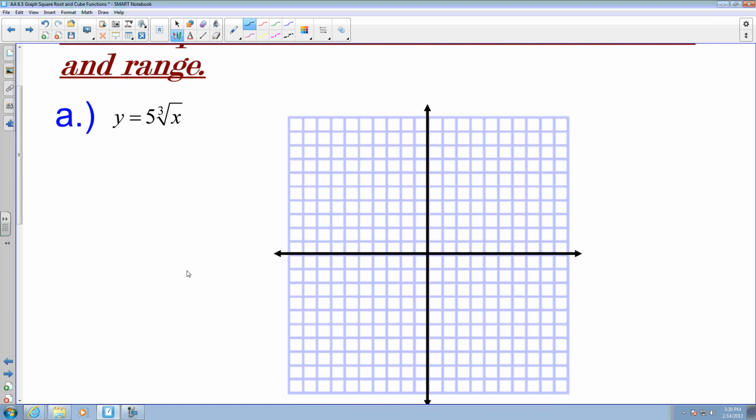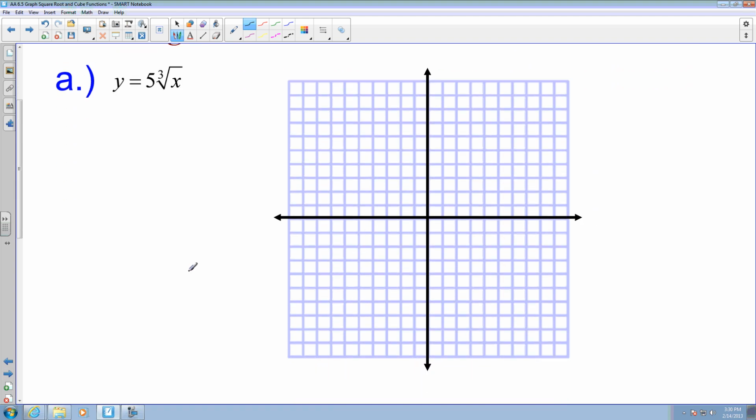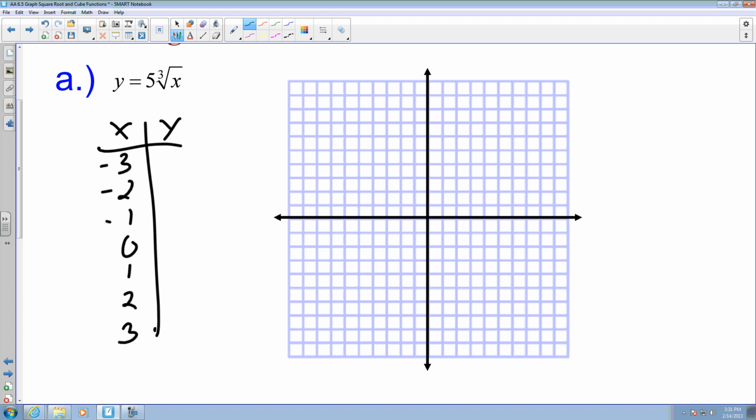Now, if we're looking at cube root functions, we can use the negative numbers here because the cube root of a negative number is an acceptable value. It gives us a real number. So I can say negative 3, negative 2, negative 1, 0, 1, 2, and 3.